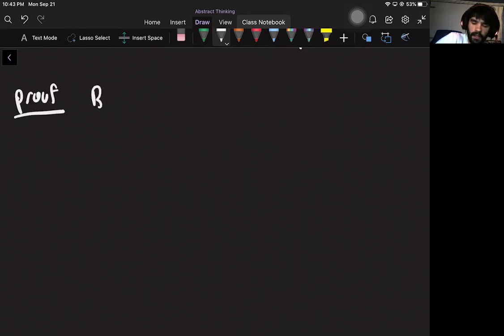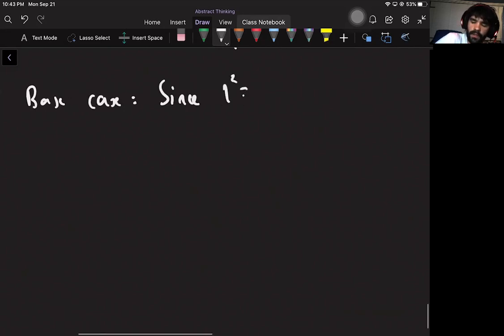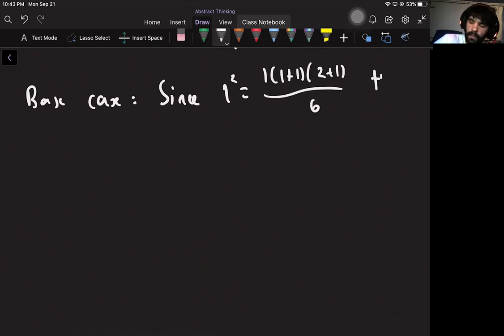All right, base case. Since 1 squared does equal 1 times 1 plus 1 times 2 plus 1 over 6, this means that the first domino falls, P of 1 is true.